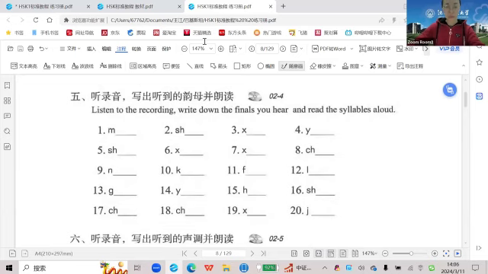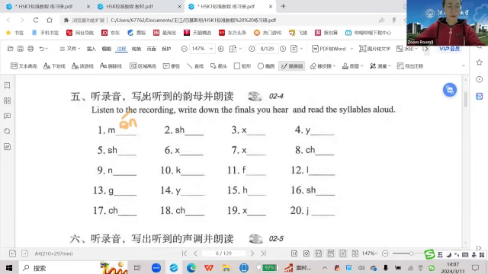Let me see, is there the right answer? Oh, the tone was wrong. It seems you are still not so familiar with the 4 tones. Okay, right. This time you are right. So the right answer is, the final is en, men.